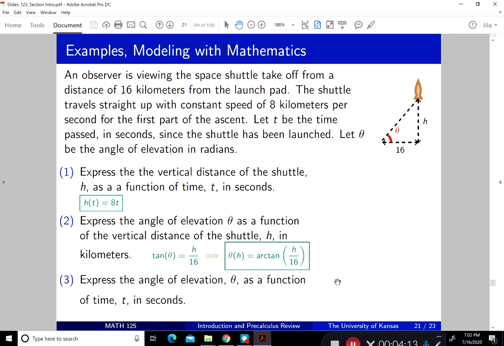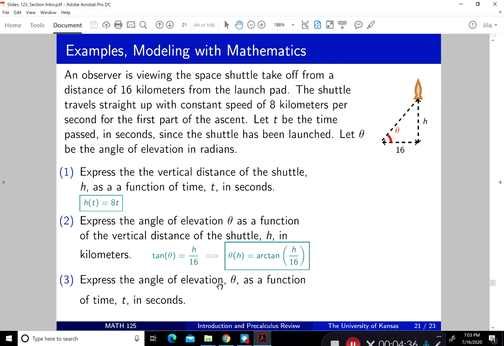Now, the next question is express the angle of elevation theta as a function of time t. Oh, we just did express theta as a function of h. Now we're actually finding, let's see, it was theta of h and I had h of t.